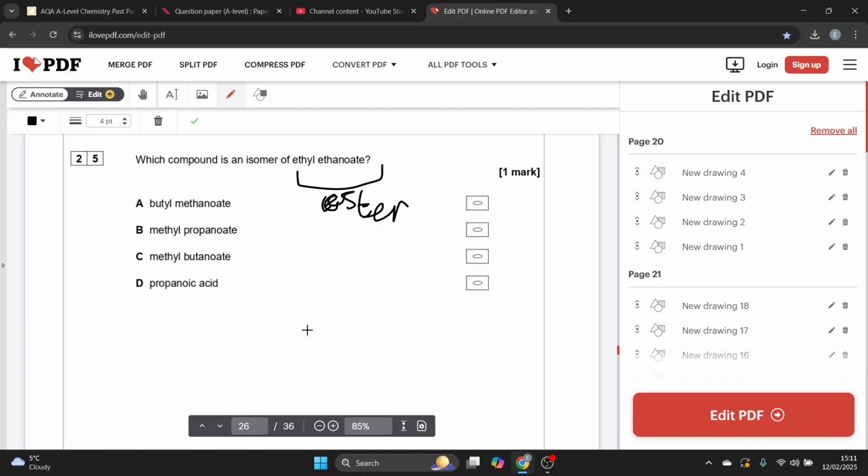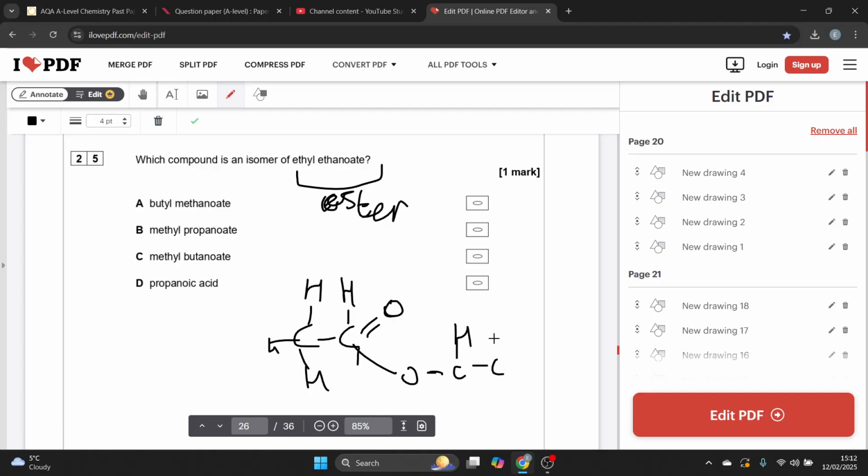Ethyl ethanoate: methane, ethane, C double bond O, and I've got O here. Methyl, ethyl. I think this is right. So which one is an isomer of that?